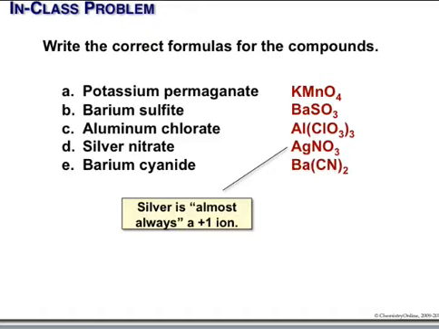If you had left out the parentheses and put CN2, that would sound like you had carbon with 2 nitrogens, right? Can't do that. You need 2 cyanides. Always remember to put your polyatomic in parentheses, and then put your subscript to show how many you need.